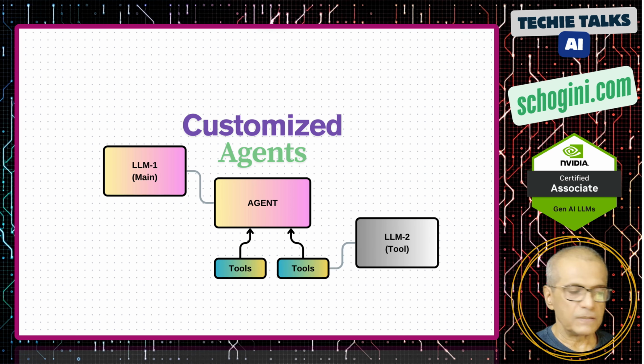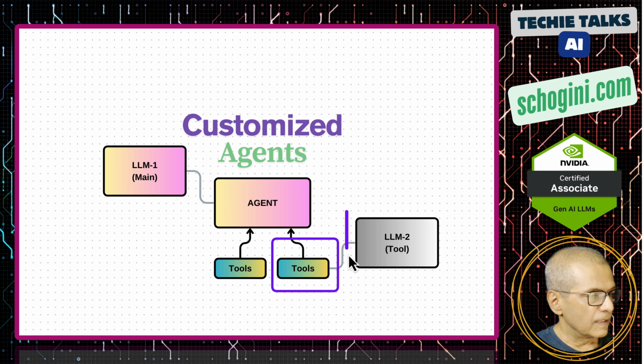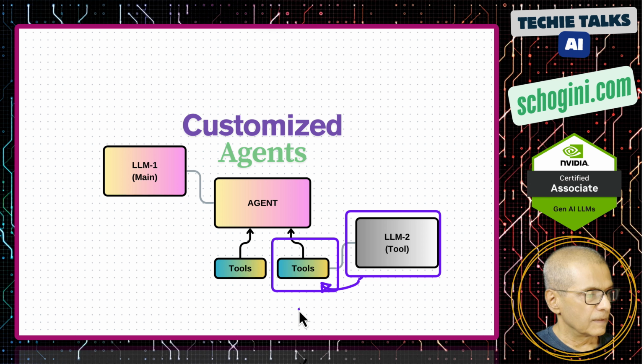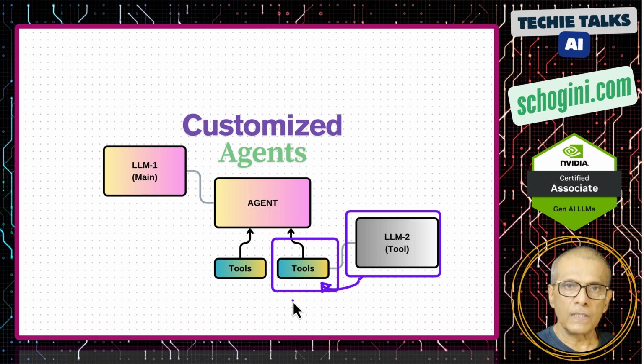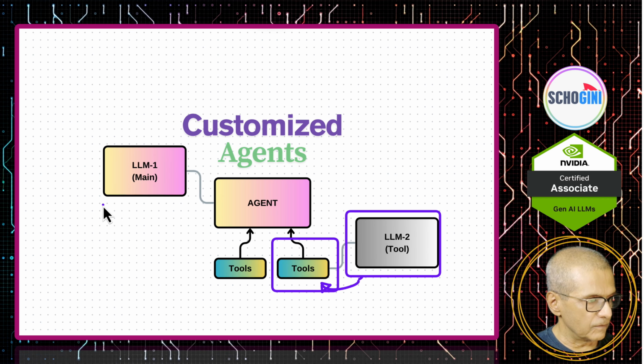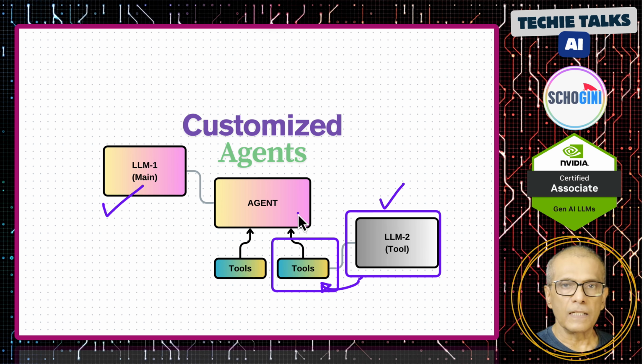But in this specific video, we are going to see how we can attach another LLM as a tool. That is what this video is about. That is, a tool acting as a reasoning mechanism. So we have the main LLM and we have a secondary LLM.